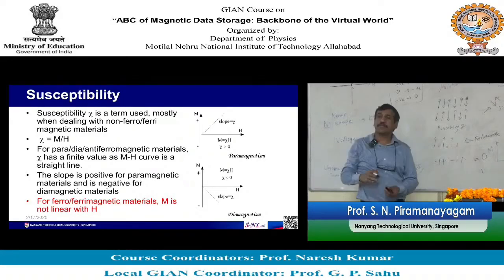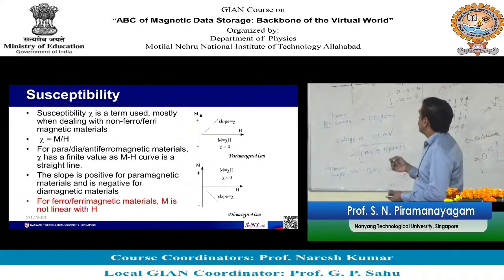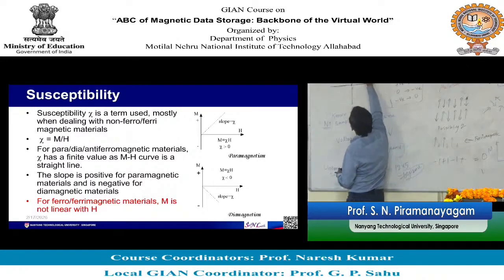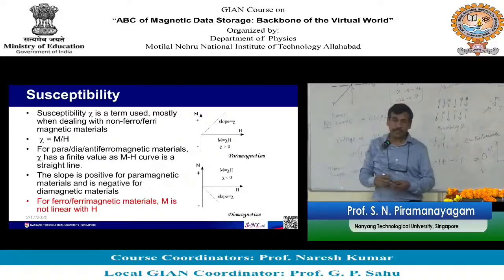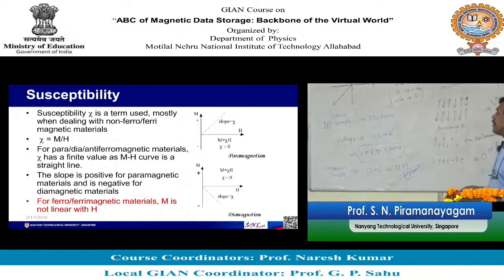So, going up and coming back for a paramagnetic material is in the same path. Similarly, if you go to the negative direction, it will go like this, then you go back, it will go like this. So, paramagnetic materials will have a positive slope, and this slope is what is called susceptibility.